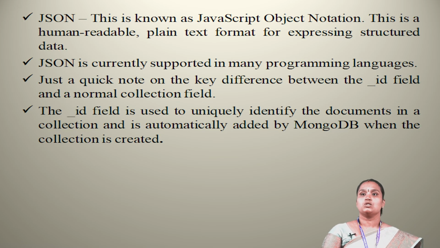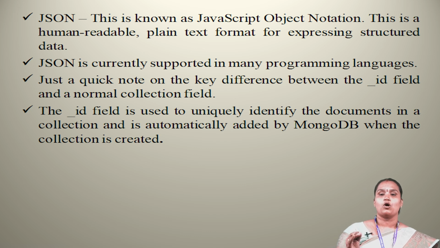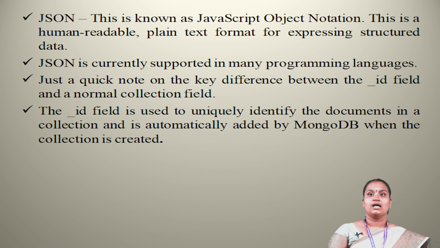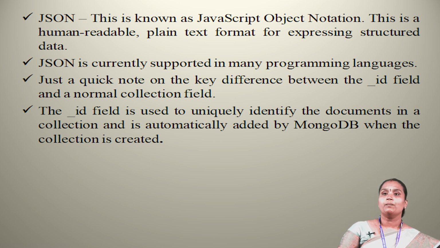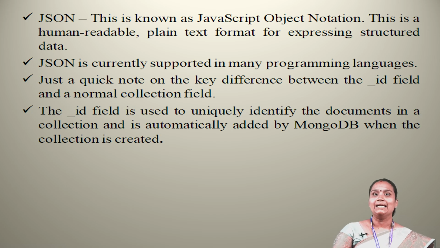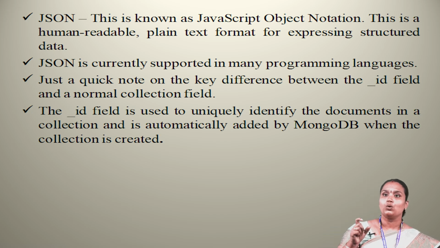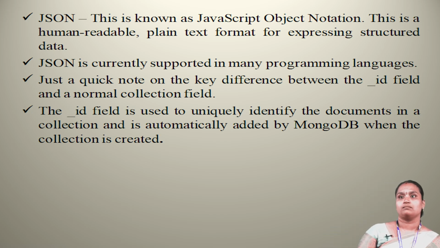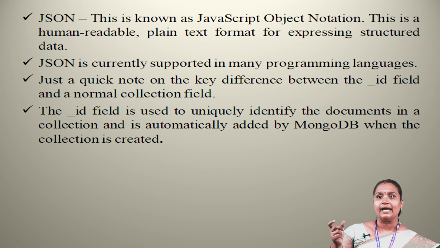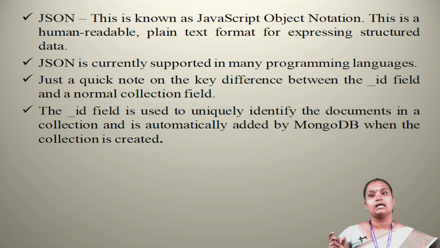JSON, this is known as JavaScript Object Notation. This is a human-readable plain text format for expressing structured data. JSON is currently supported in many programming languages. Just a quick note on key differences between the _id field and the normal collection field.